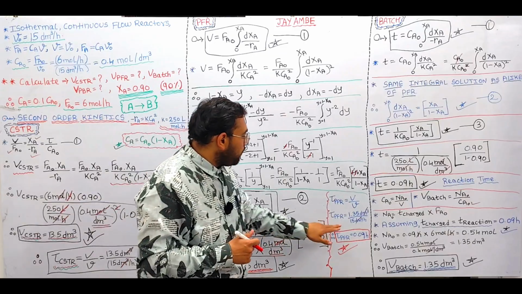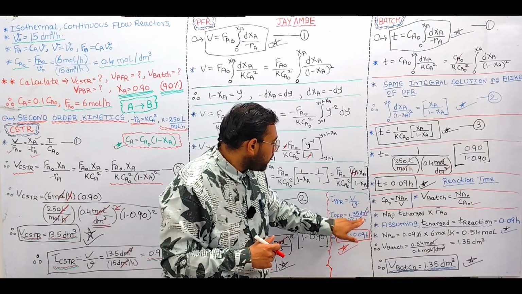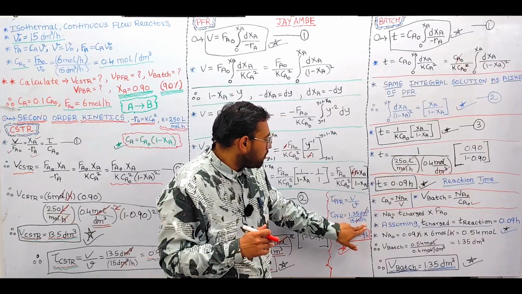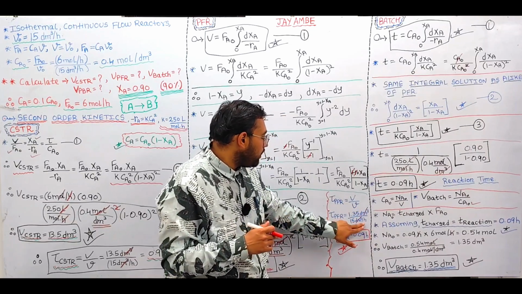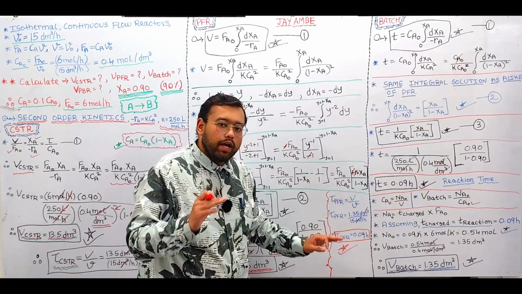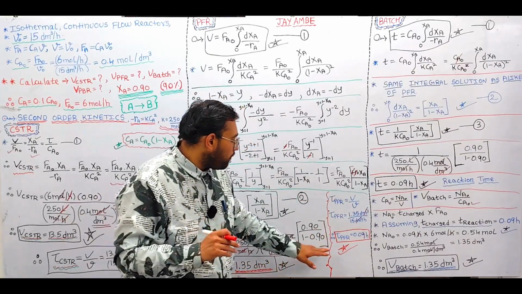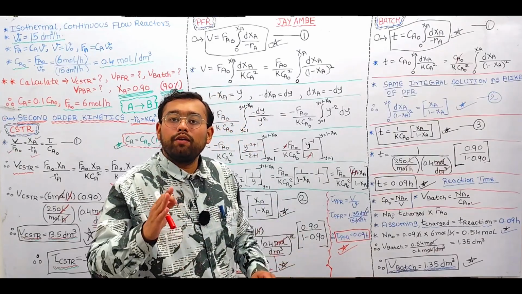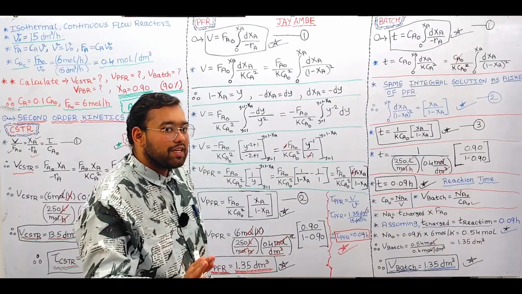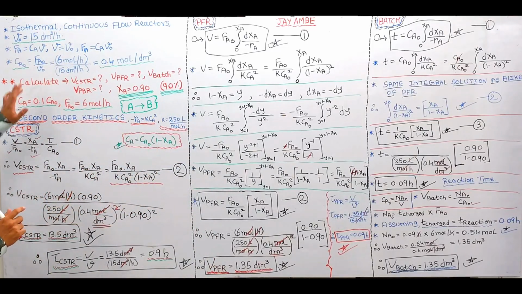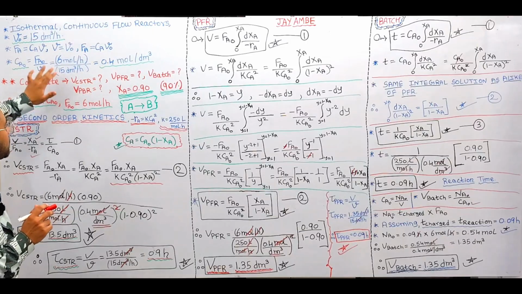The cubic decimeter cancels from numerator and denominator, and hour comes into the numerator. After solving this, we get the space-time of PFR as 0.09 hours, which is 5.4 minutes.